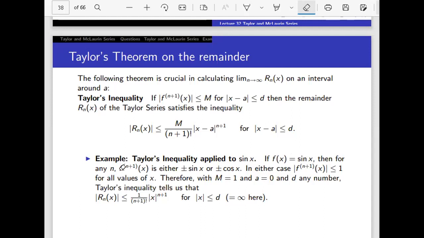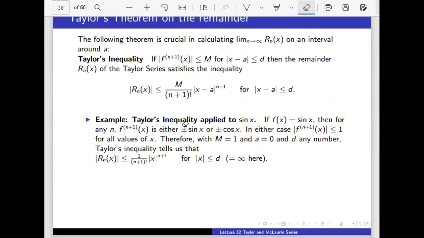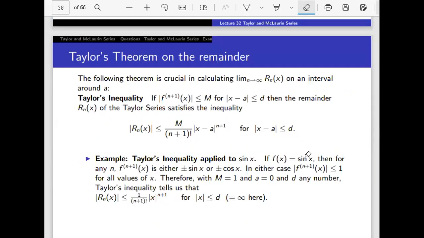So how do you find the n plus 1 derivative of sine? You know that when you differentiate sine, you get cos. Then when you differentiate cos, you get negative sine.